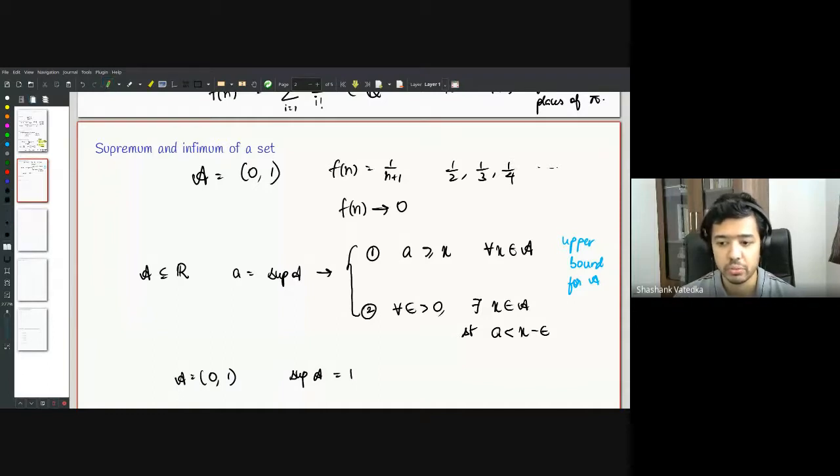Okay. So now does 1 lie in the set A? No, sir. It doesn't, right? So in general, the supremum of A is a real number which may or may not lie in A. So it's a very good point. The supremum may not lie in the set.